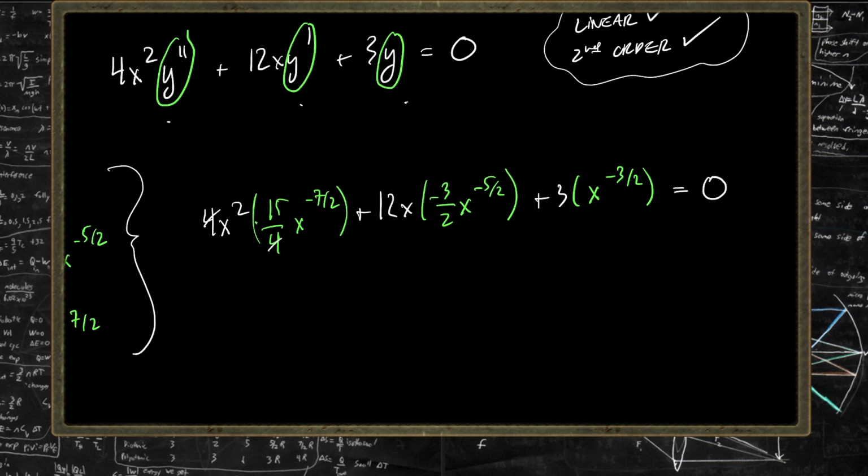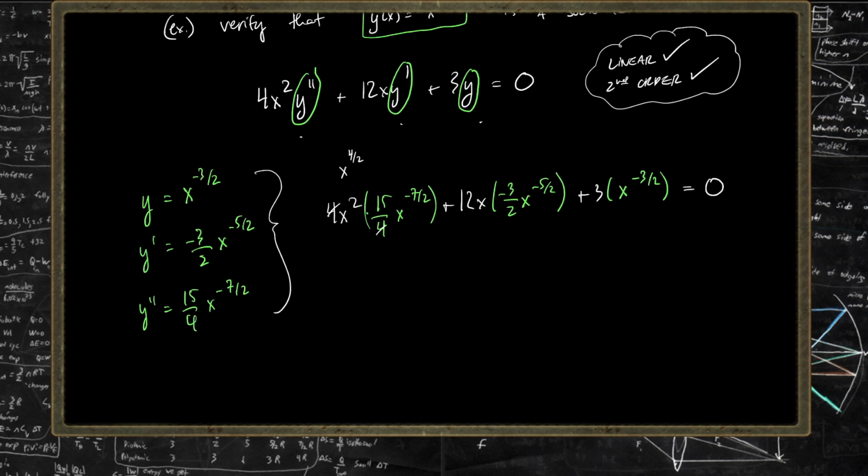All right, the 4's cancel. That's nice. X squared is really x to the 4 halves. So x to the 4 halves times x to the negative 7 halves, we get what? 15 x to the minus 3 halves. Here the 2 cancels with 6 here. So we've got x to the 2 halves times x to the negative 5 halves.